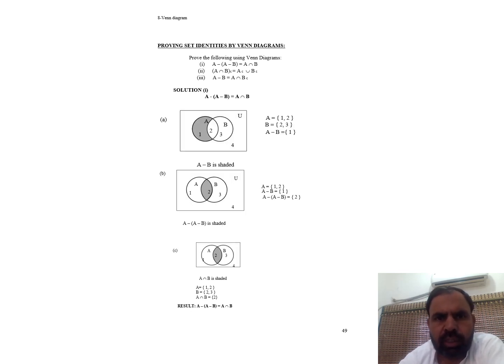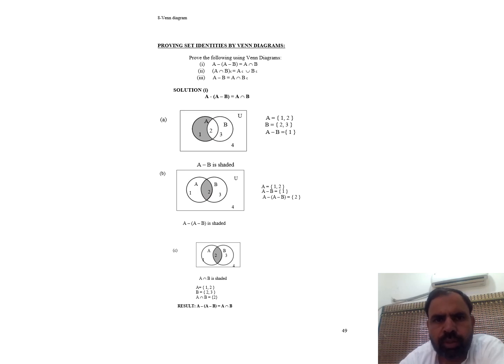Proving set identities by Venn diagrams, you can prove all these. A minus B is equal to A intersection B complement. You can prove all these from these Venn diagrams. A is equal to {1, 2}, B is equal to {2, 3}, and A minus B is equal to {1}.